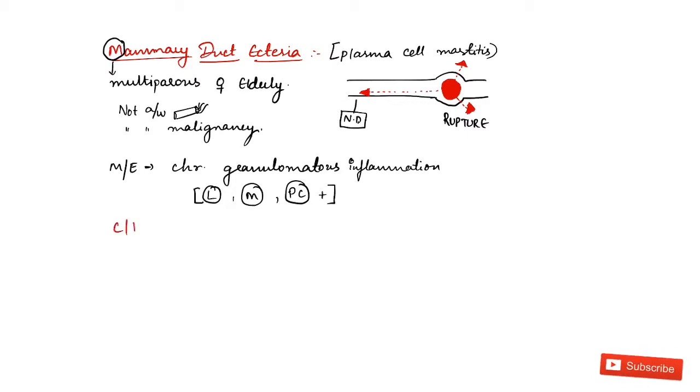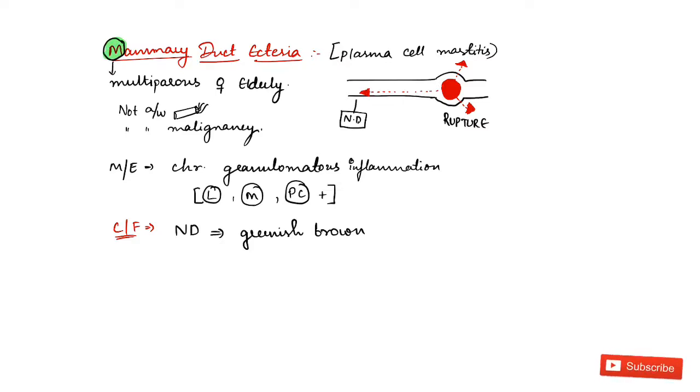Coming to the clinical features of the disease, as we already remember, there is a nipple discharge. The color of the discharge is greenish brown. These are the main points regarding mammary duct ectasia.